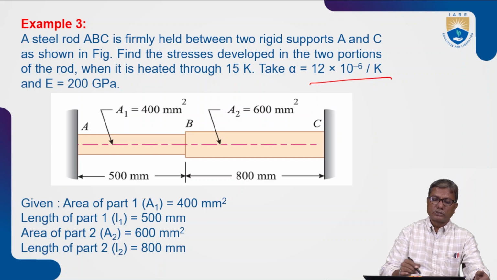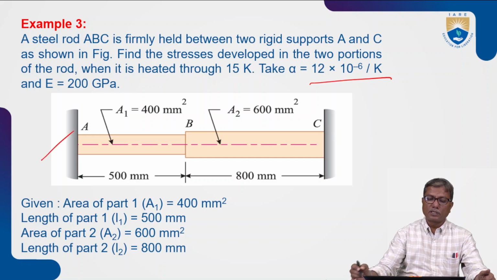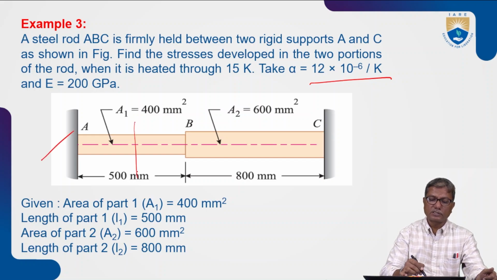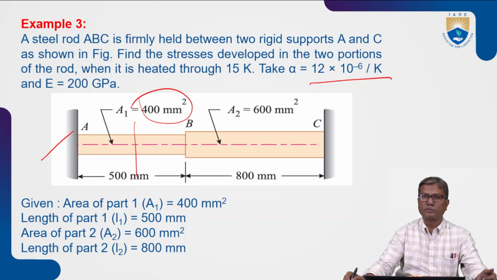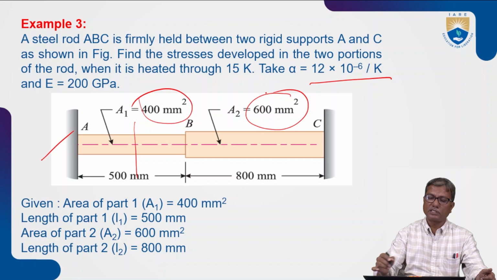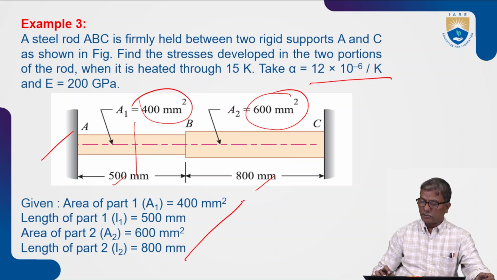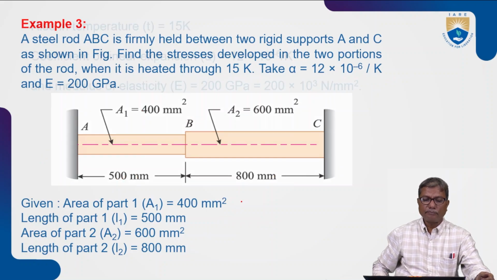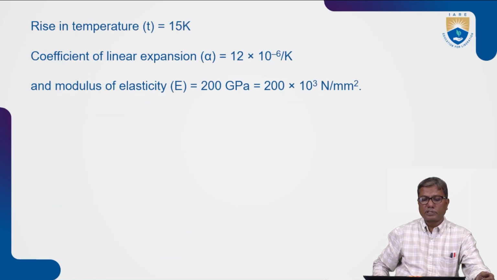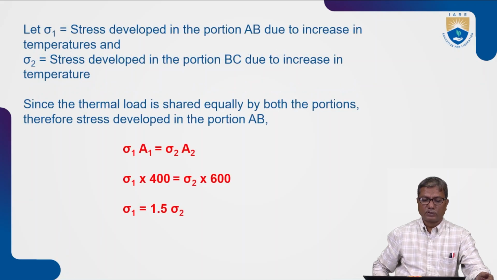Here portion AB is of area 400 mm square and BC is of area 600 mm square. Lengths are 500 mm and 800 mm. So this is given data. And rise in temperature is given. Material constants alpha and E are given. We'll make a note of these things first.